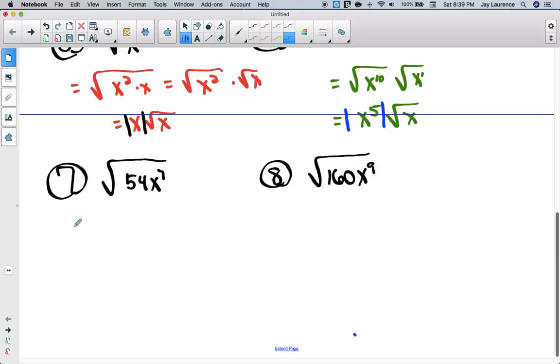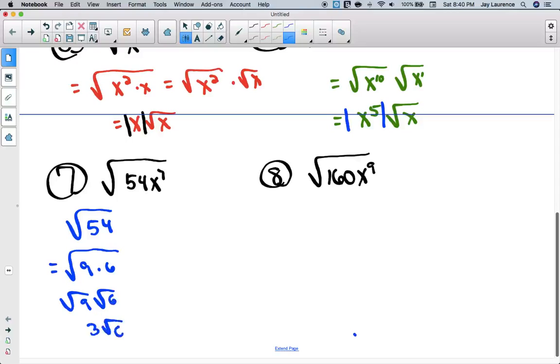Well, you could think about it as two problems. You could do the rad of 54, and the largest perfect square factor of rad 54 is going to be 9. It'll be 9 times 6, and so that's rad 9 times rad 6, or 3 rad 6.